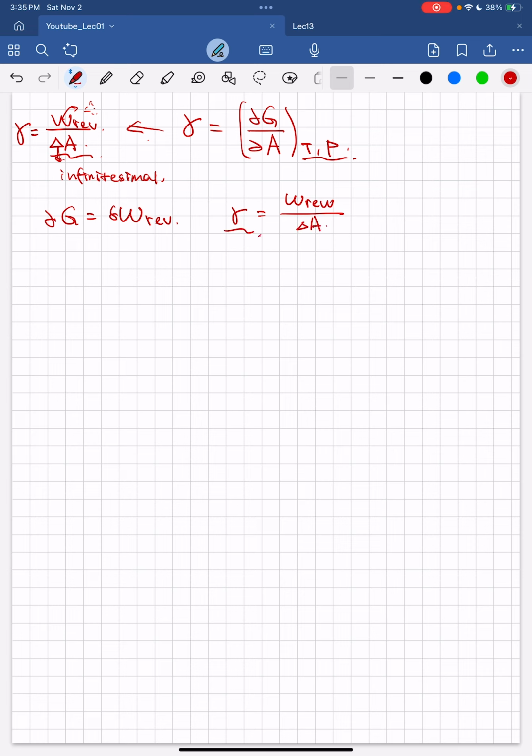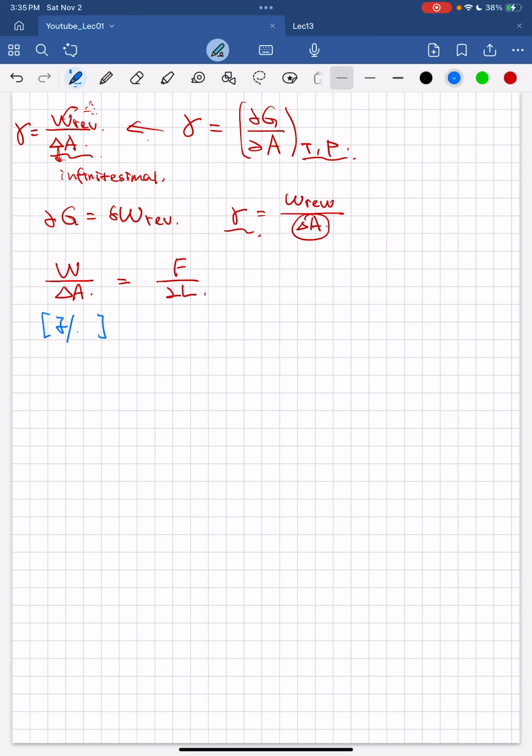So this is surface energy. The work needed to change this amount of area, okay? Then we can just write like this. It equals the same as the surface tension definition. You'll see they both have the same unit.